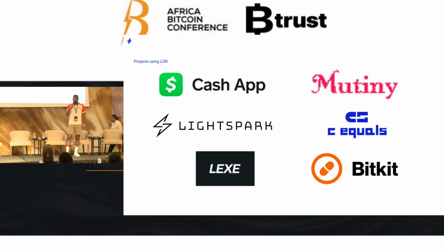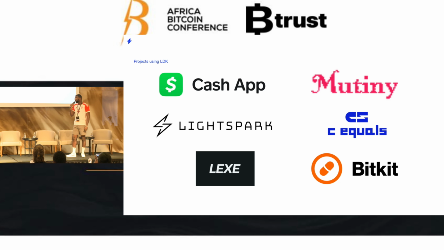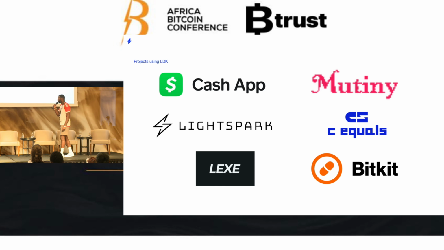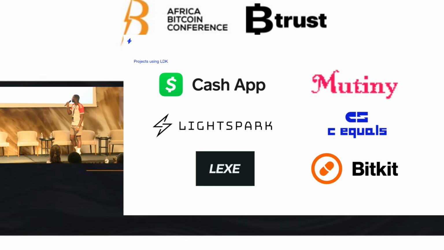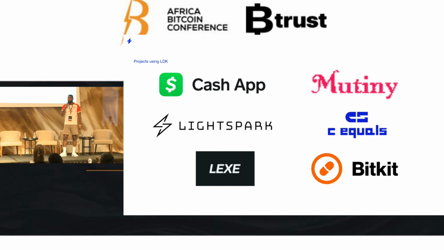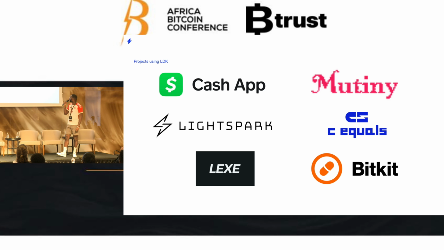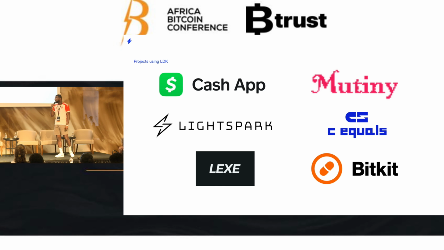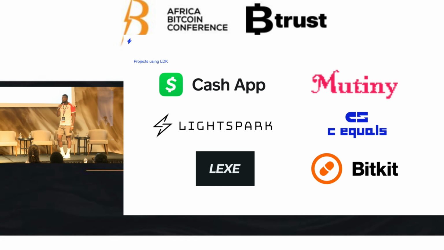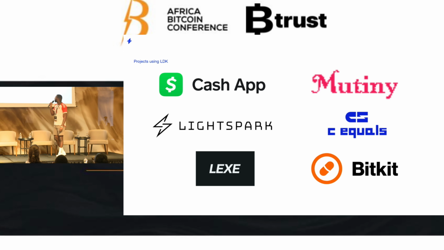And here's a list of some of the companies and organizations that are using and have used LDK. Some of you might not be as familiar with some of these, but Cash App is a payment processor, I guess, in the US. Mutiny are no longer with us, sadly, but they did a lot of good experimentation for self-custodial Lightning experiences.